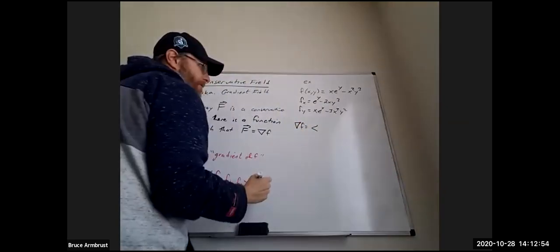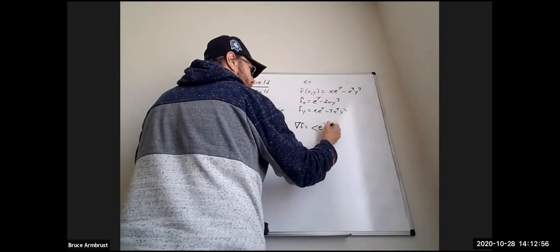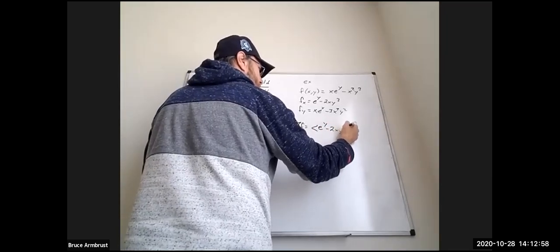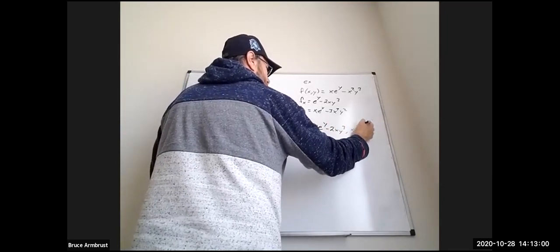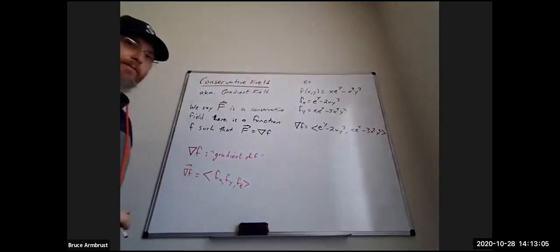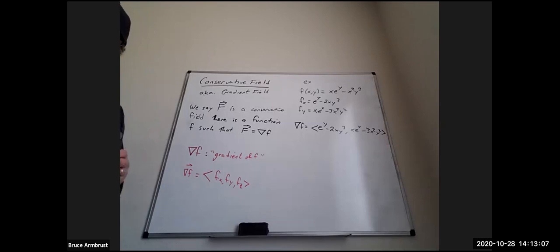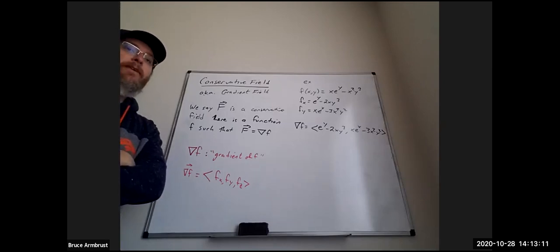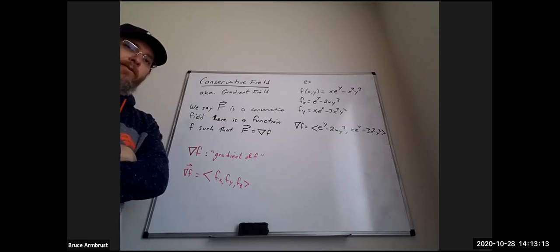So the gradient of f would be e to the y minus 2xy cubed, comma, x e to the y minus 3x squared y squared. So building the gradient is as simple as finding the partials and putting those in as the components.